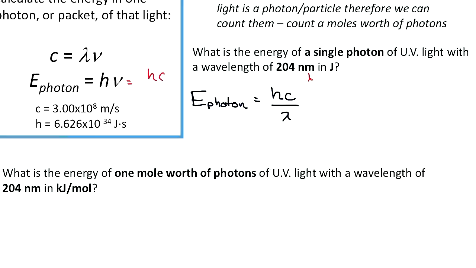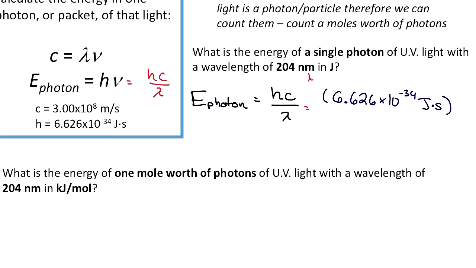Notice that these are the same equation. I'm just replacing frequency with wavelength instead, because we know that frequency is equal to speed of light over wavelength. So I'm going to use this version of the equation since I'm given wavelength, and we'll just go ahead and plug in those numbers. Planck's constant is given here, 6.626 times 10 to the negative 34 joule second.